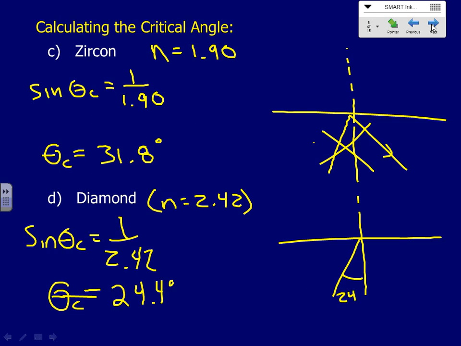What does that mean? Any light that comes from this direction is going to be stuck inside the diamond. It's not going to make it out of the diamond. Light that comes in that little narrow wedge can get out. That's why diamonds shimmer the way they do. I'll talk about it more tomorrow.